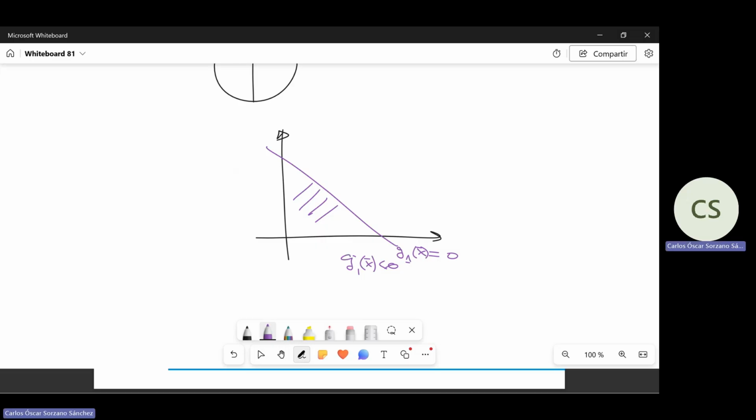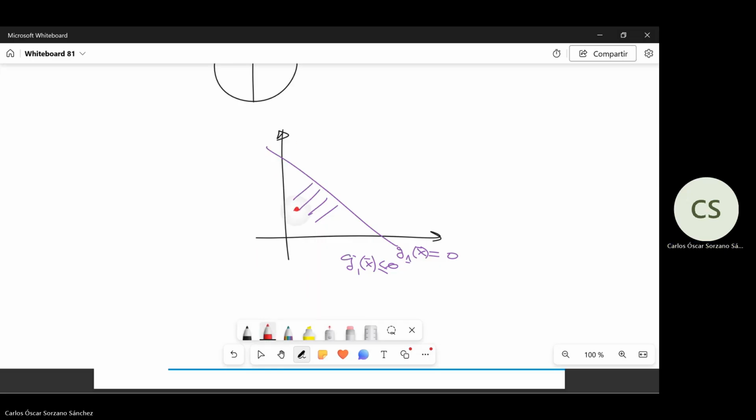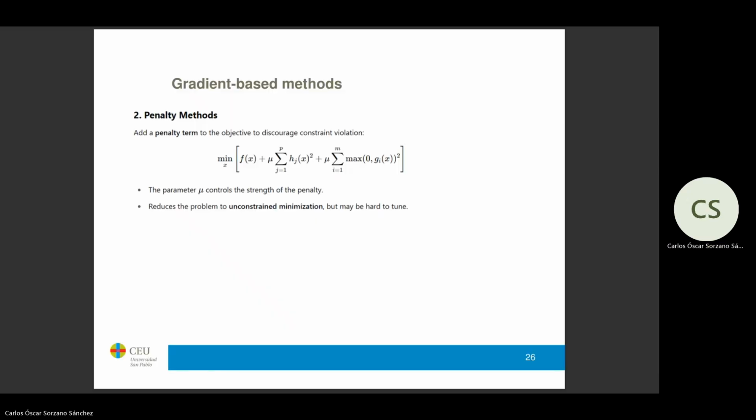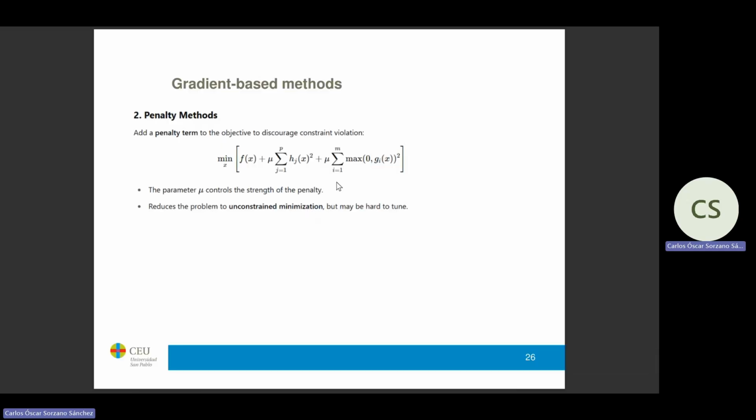So that is our constraint. Let's say that you are already fulfilling the constraint. So you are here. Okay, so it will be the maximum between 0 and g_i. But g_i is smaller than or equal to 0, because we have said that in this region it is smaller than or equal to 0. So it is the maximum between 0 and a negative number. So it will be 0. So you are not penalizing.